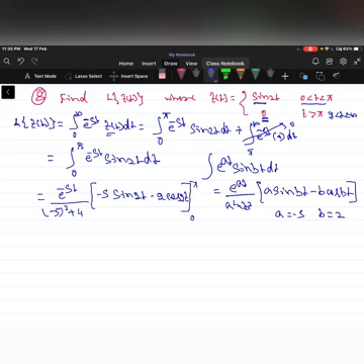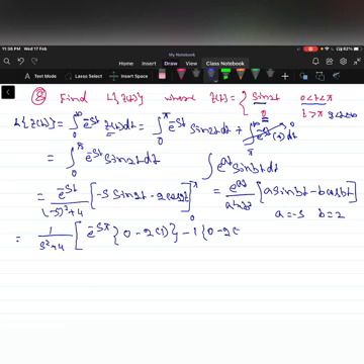The interval is 0 to pi. You take the constant outside, 1 by s square plus 4, into, let us apply the upper limit when t is equal to pi, that is e power minus s pi into minus s into sin 2 pi, that is 0, minus 2 into cos 2 pi is 1, minus of, then let us apply the lower limit when t is equal to 0: e power 0 is 1, sin 0 is 0, minus 2 into cos 0 is 1.